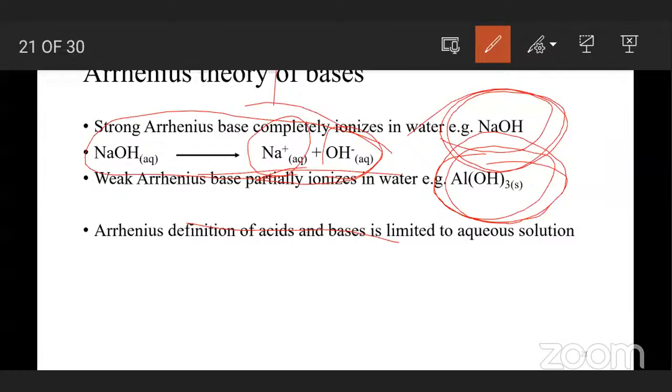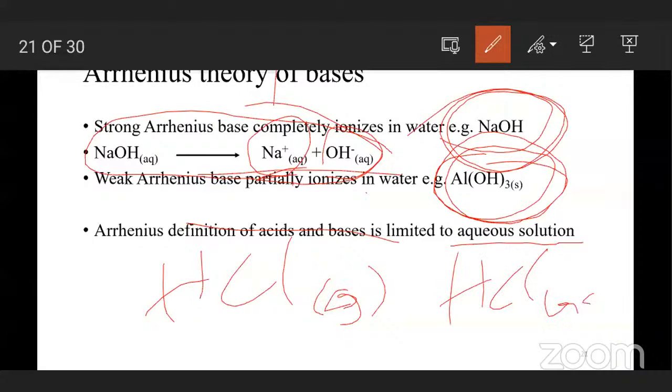But if you consider it very well, the definition of Arrhenius on acids and bases is restricted to aqueous solutions. What if it is not in solution? Is it still an acid? If I take hydrogen chloride gas out of hydrochloric acid, has it lost its acidity?